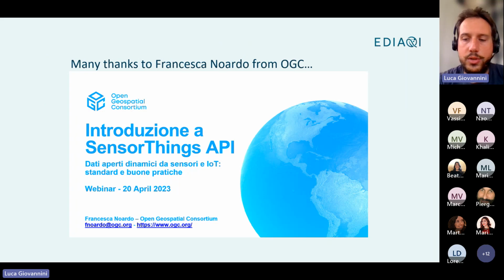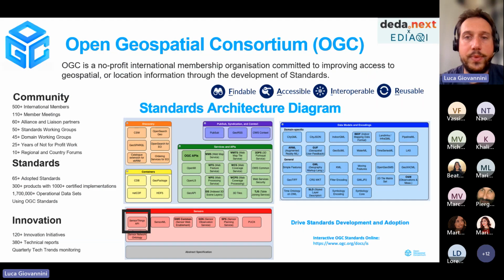And yes, we will go deeper into the SensorThings module. As Pier Giorgio mentioned earlier, I will use a presentation that was assembled by Francesca Noardo of the Open Geospatial Consortium. So thanks to her, she agrees to this use of her material. I'm skipping the first two slides. The aim was just to point to the fact that the SensorThings API is one among many other geographical standards, data exchange standards that OGC manages.